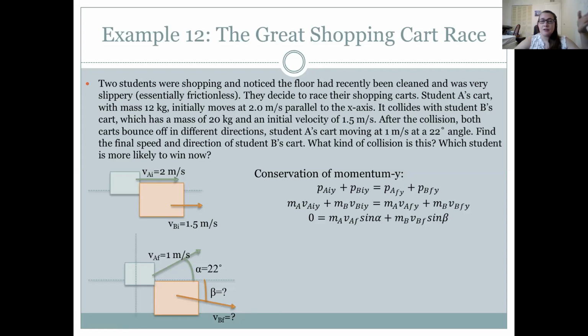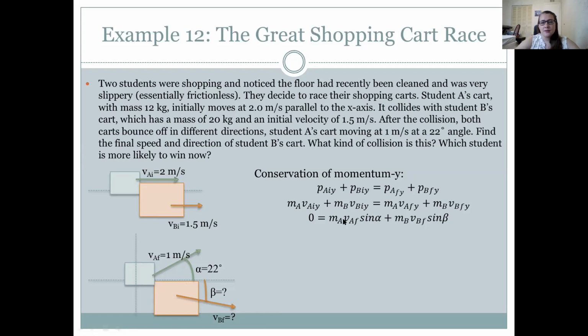But then when we think about their final velocity, they both have a component, we're assuming, in the y direction. Since that y component is the side of the triangle that's opposite our angle, we'll use the sine of our angle in that equation.